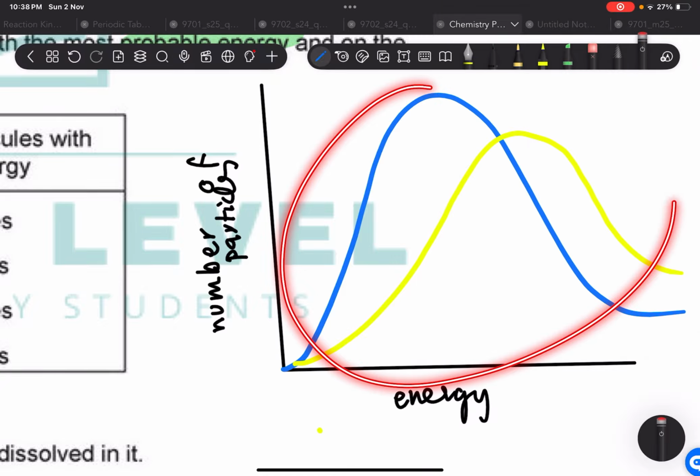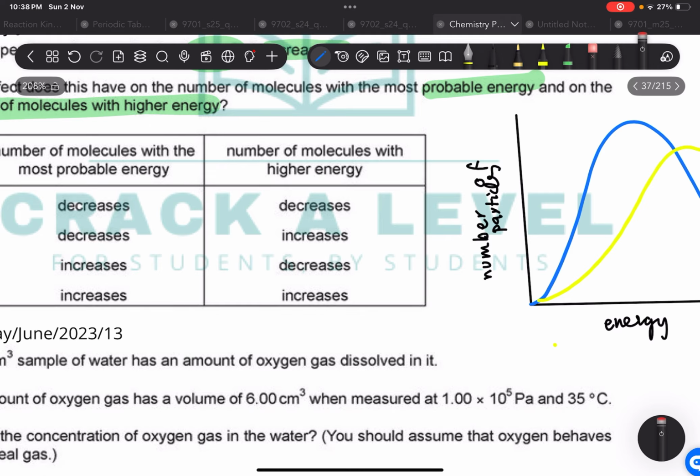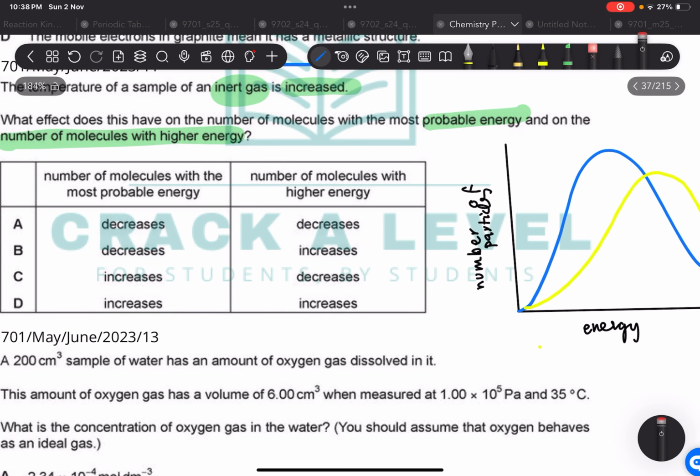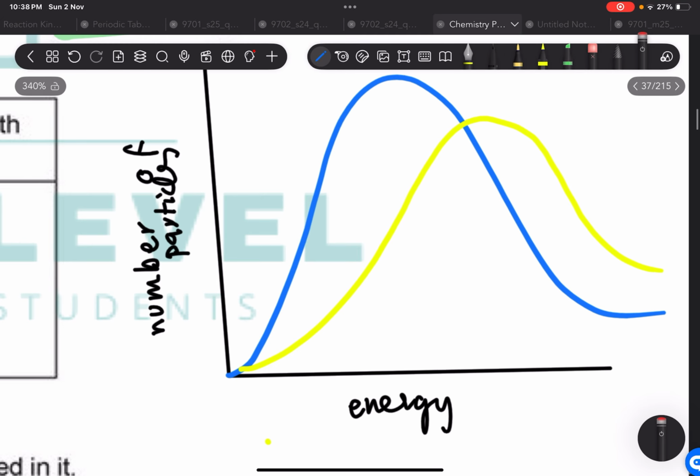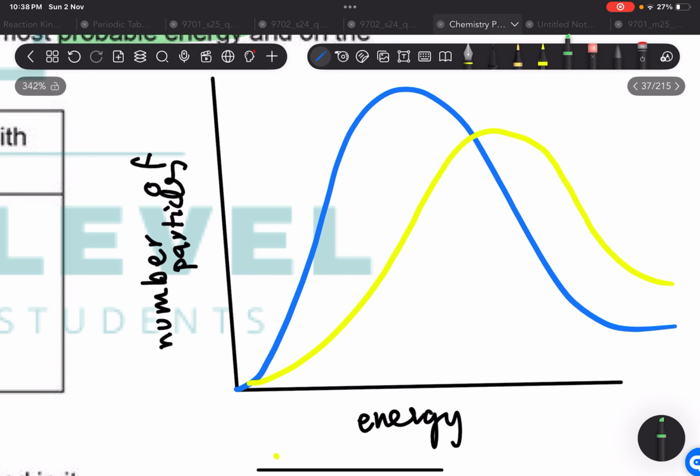So now we just have to explain this. Number of molecules with the most probable energy. First, the number of molecules that had the most probable energy was this.